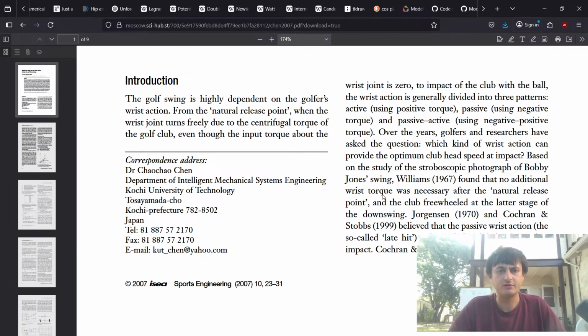From the natural release point, when the wrist joint turns freely due to the centrifugal torque even though the input torque about the wrist joint is zero, to impact, the wrist action is generally divided into three patterns: active, passive, passive-active.